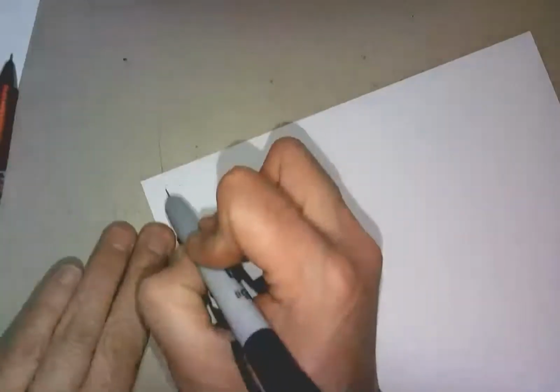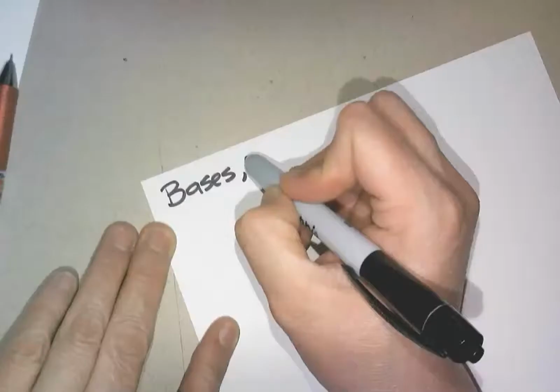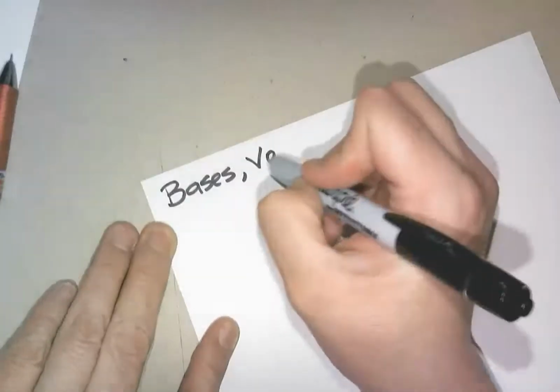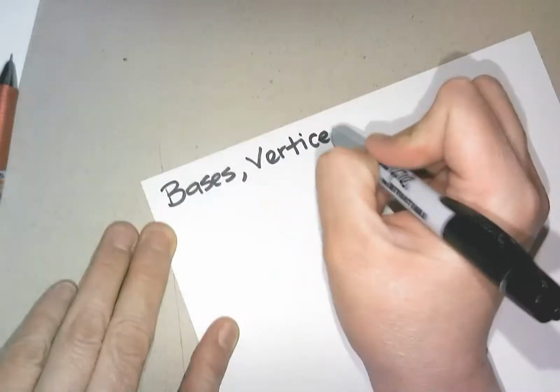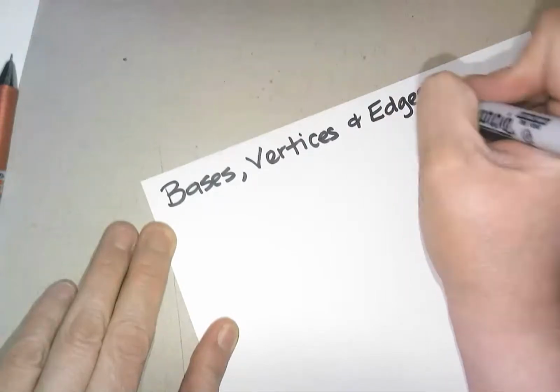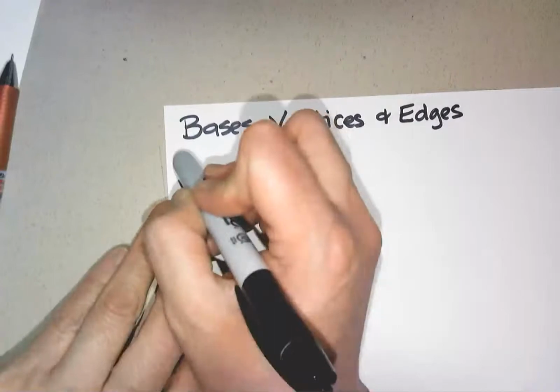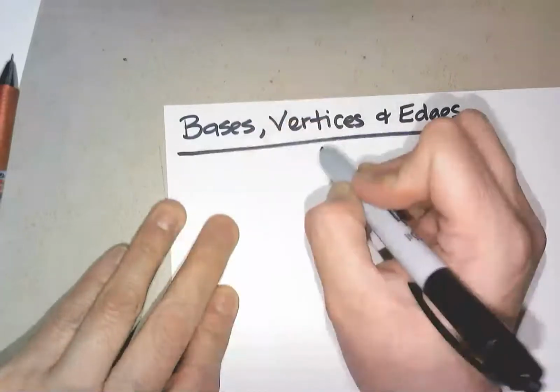So up here, I'm going to write bases, vertices, and edges from a net. Let me put that here.